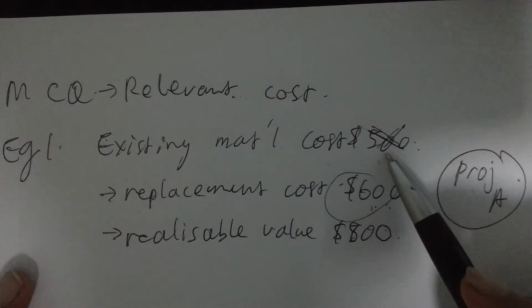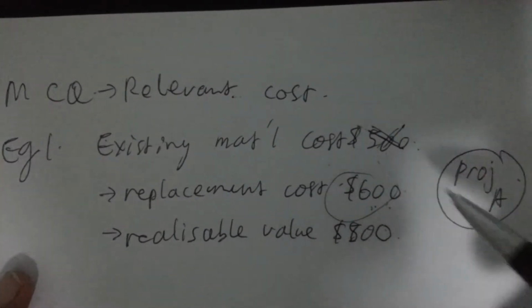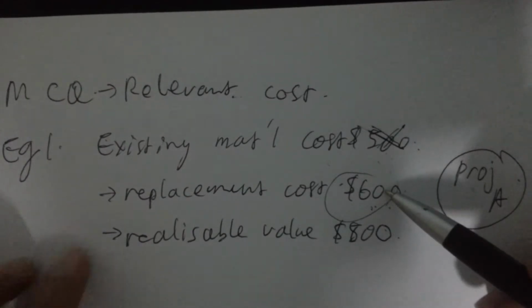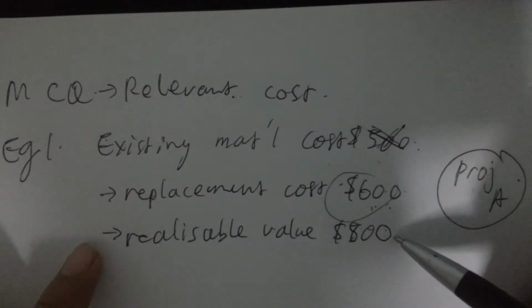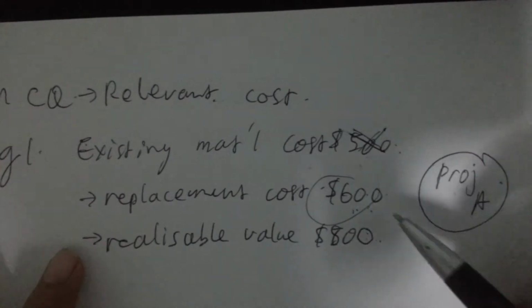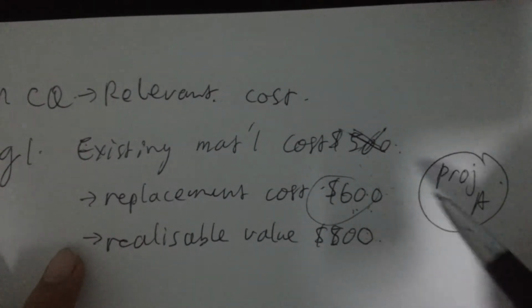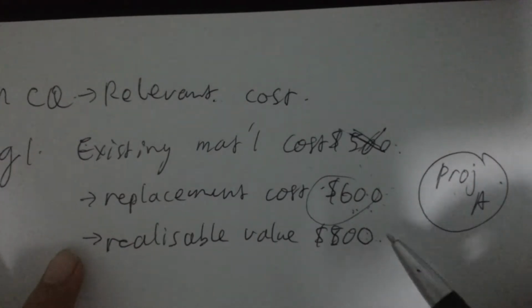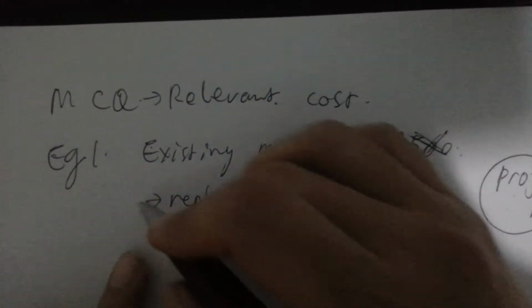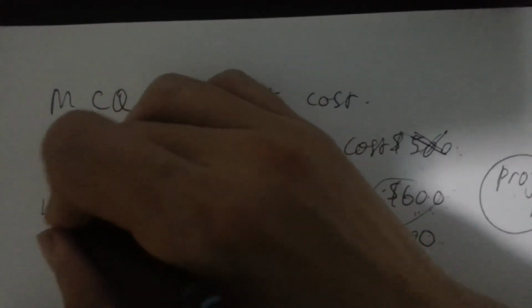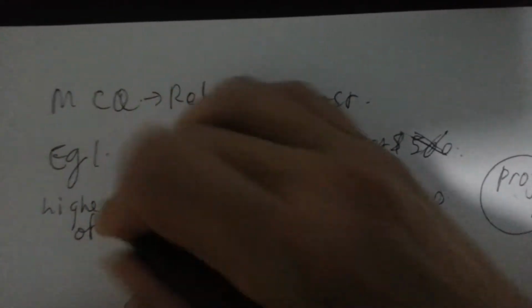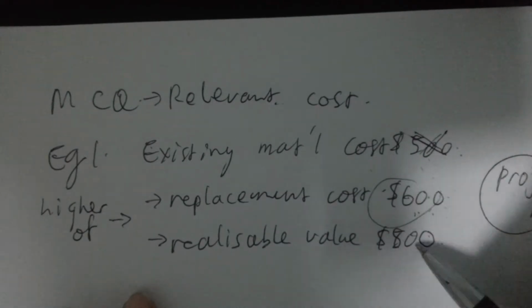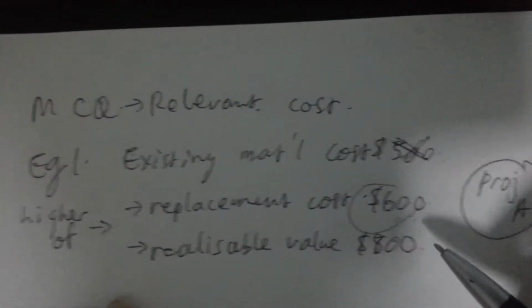Do you think that this $500 is still a cost that is relevant to your decision making? It is still not relevant because it has already been spent. So if you have these two figures, the replacement cost and the realizable value, which one should you use as your basis to charge the customer for project A? 600 or 800? Your answer is 800. You choose simply the higher of replacement cost or realizable value. Okay?